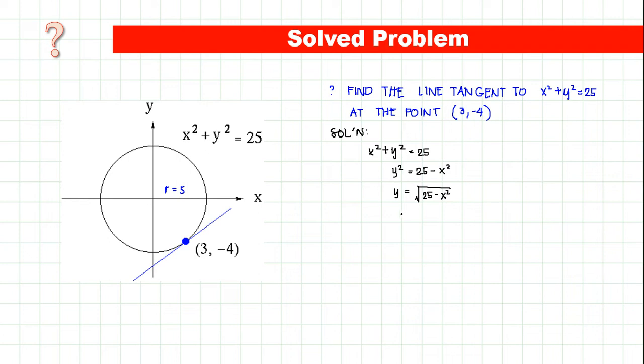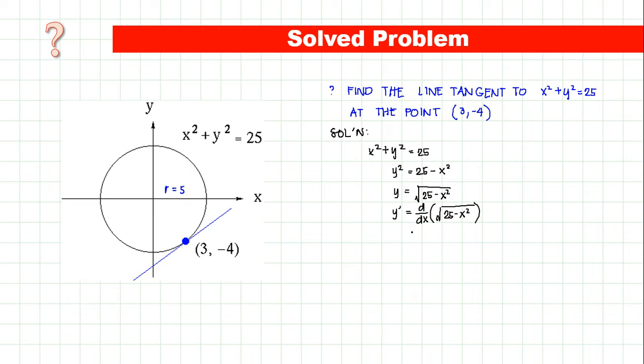And to get the line tangent, we are going to get the derivative. That is, y prime is equal to the derivative with respect to x of our function, the square root of 25 minus x squared.